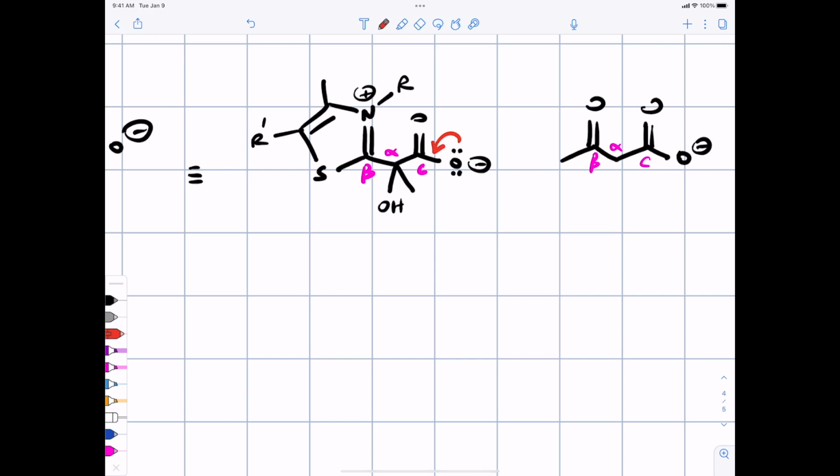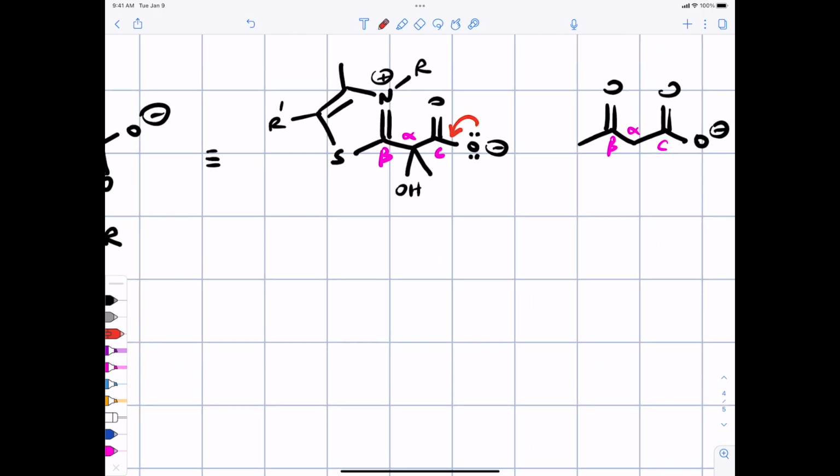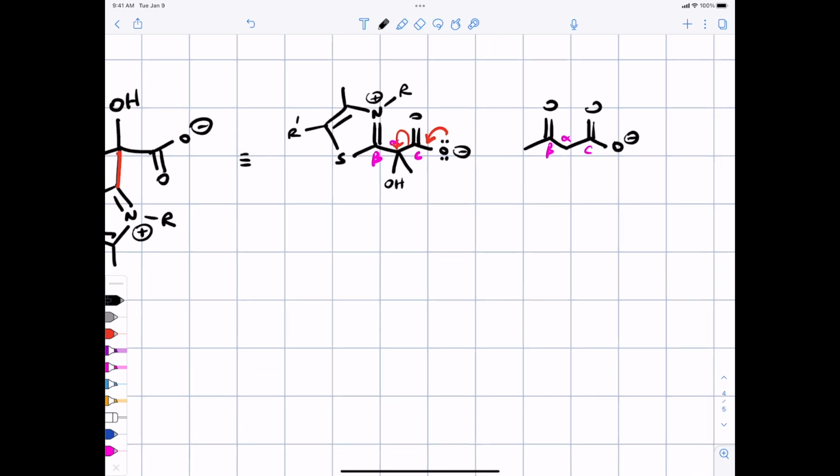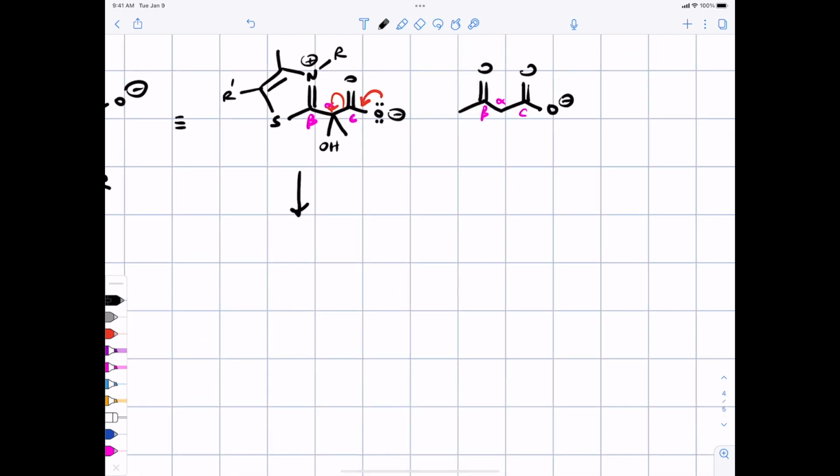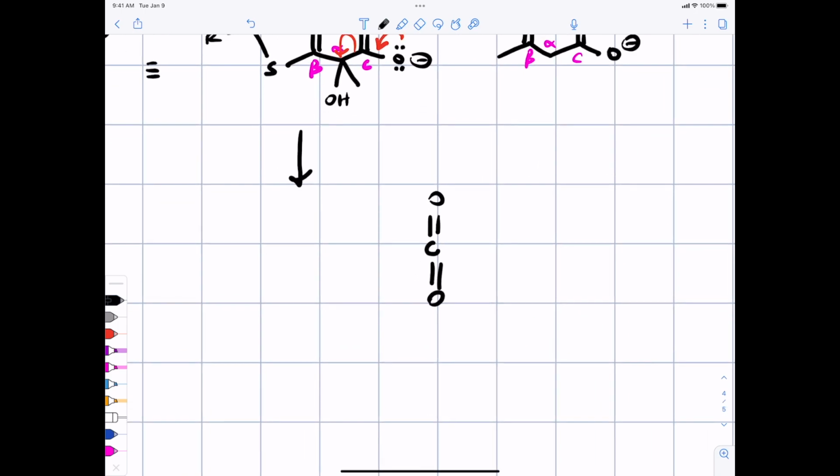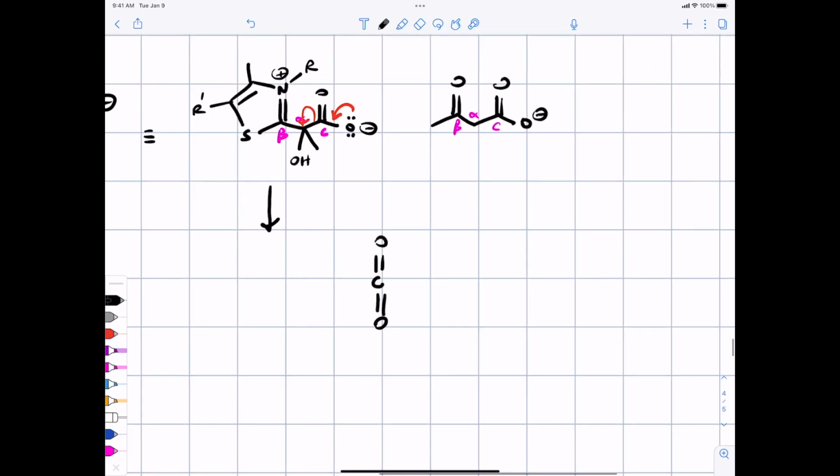And now I'm set up for a decarboxylation reaction because if electrons kick down and CO2 leaves, let's draw what the leaving group is. And let's see whether we think it's stable enough to tolerate leaving.